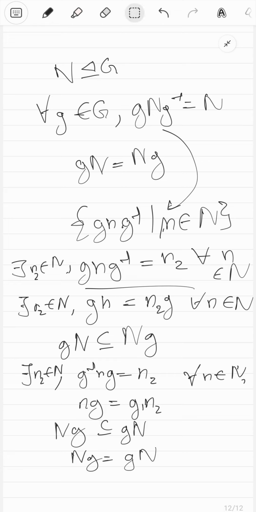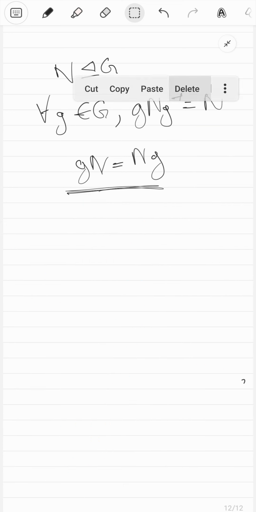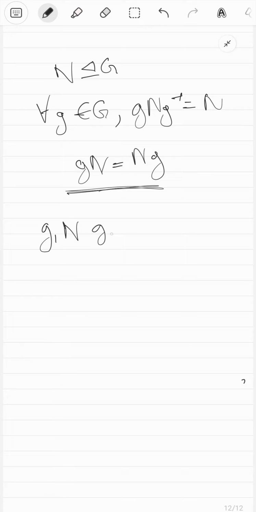So for a normal subgroup, you can rewrite the equation like this, and this is useful because now we can do some very funky stuff. What we can essentially do is multiply two cosets of the normal subgroup. So let's take g1N and try to multiply it with g2N.